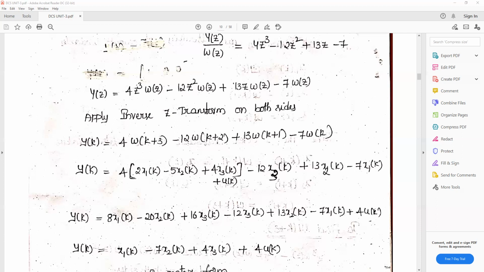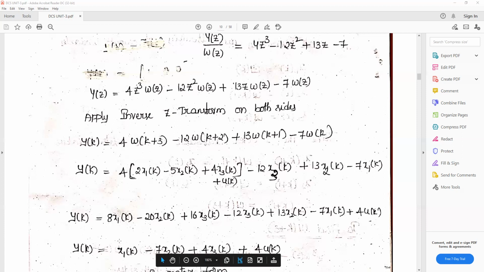Separating the x1, x2 and x3 terms: 8x1 of k minus 4 into 5, 20, 4 into 4, 16, x3 of k minus 12x3 of k plus 13x2 of k minus 7x1 of k plus 4 into u of k.